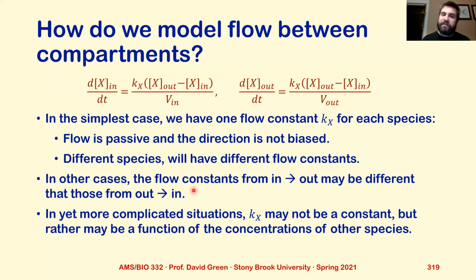These are things that can occur. In even more complicated systems, this flow constant may not actually be a constant, but rather might be a function of other things in the system. Right? This is when the passage from one compartment to another is regulated by other components in the system. All of these things are details that can be added into the model, and they add complexity, but they don't change the fundamental structure.